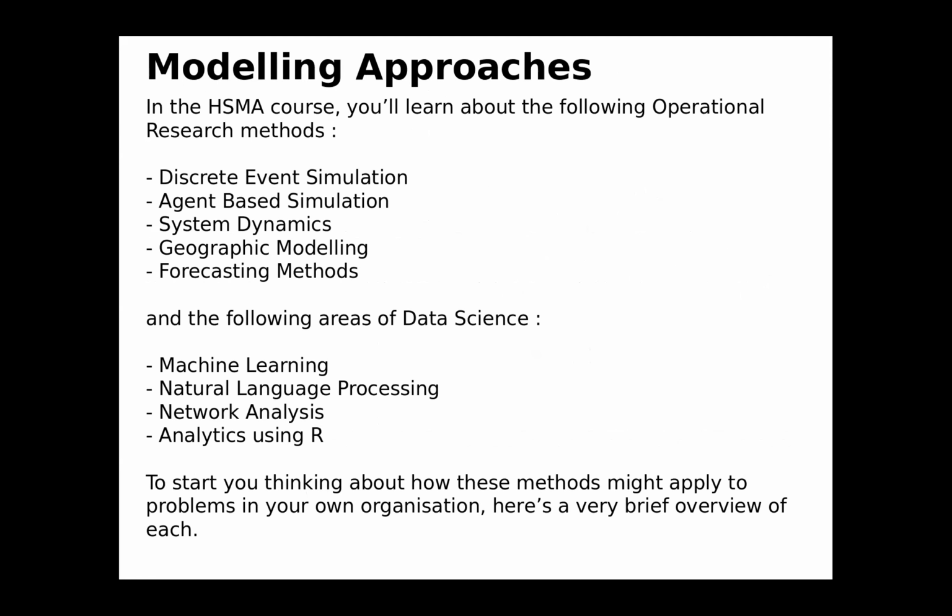So in this particular course, you're going to learn about a number of different OR and data science methods. Specifically in operational research, you're going to learn about discrete event simulation, agent-based simulation, which is my old specialty, system dynamics, which you use to do whole system stuff, geographic modeling, and forecasting methods.